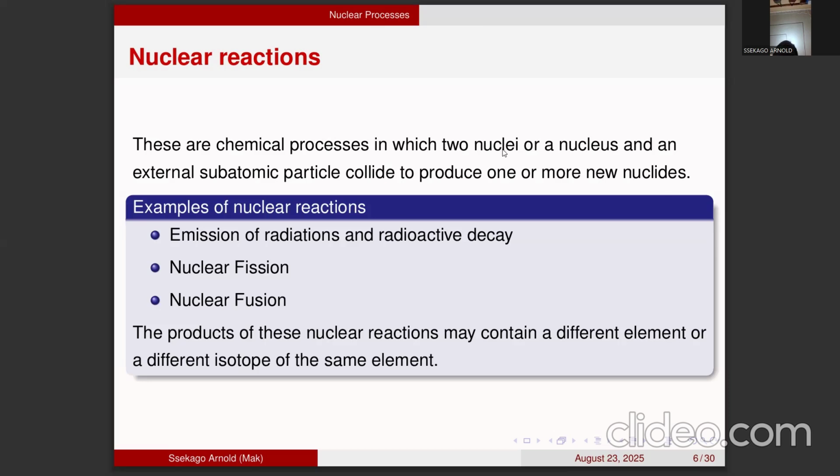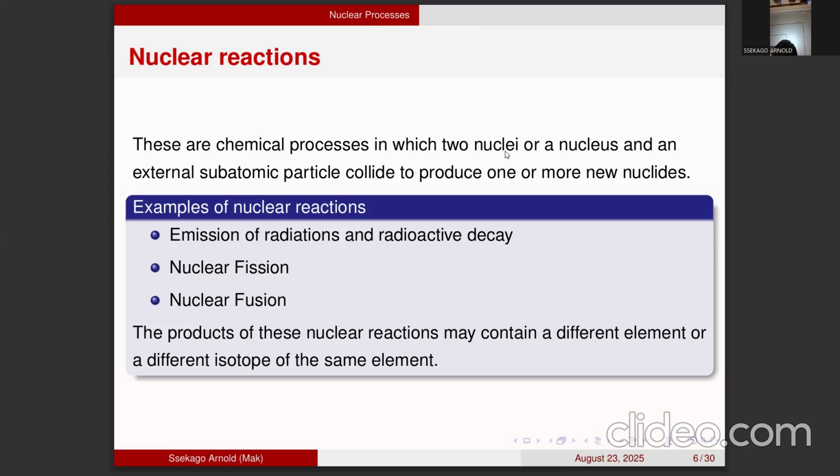Say I have the nucleus of a heavy atom, say uranium. That atom is heavy, therefore unstable. It can split when it collides with subatomic particles like neutrons.